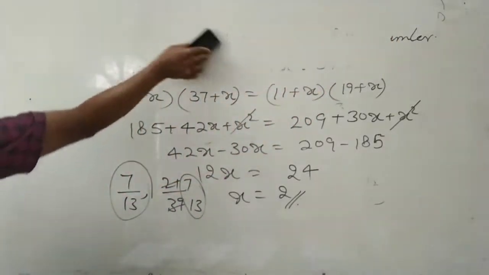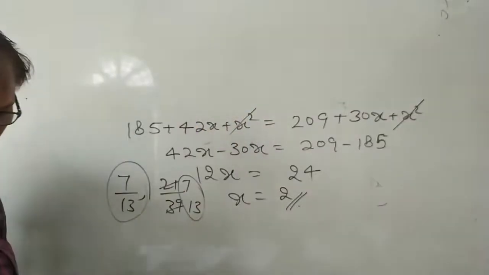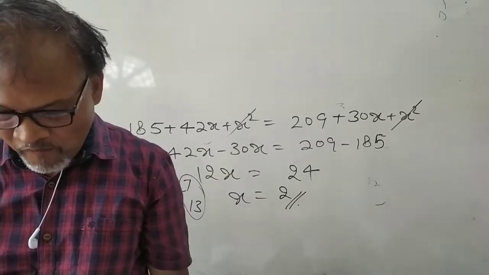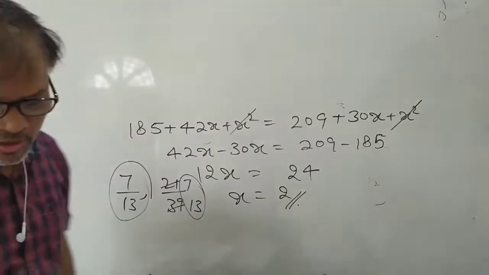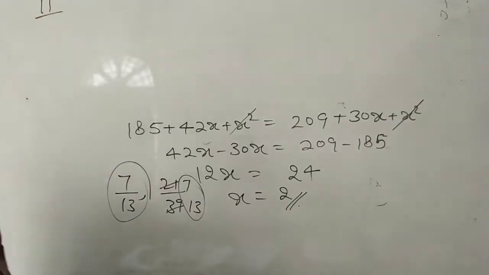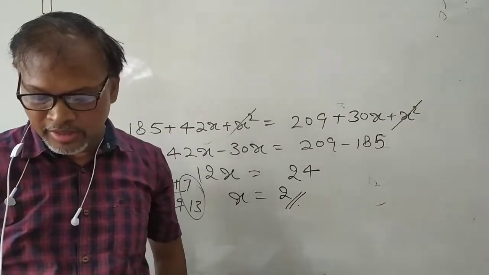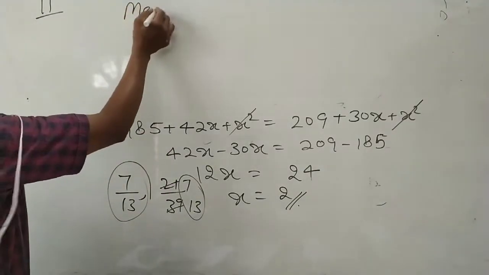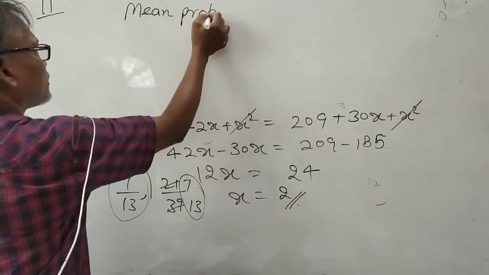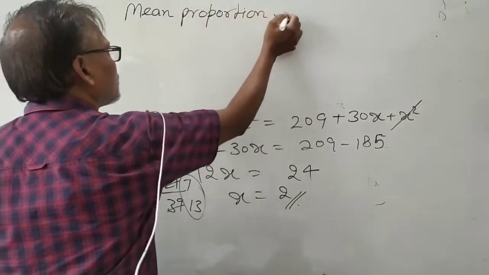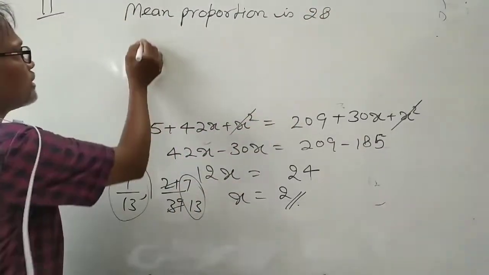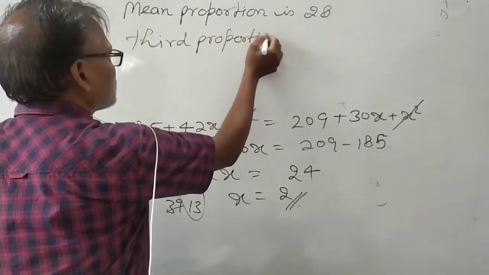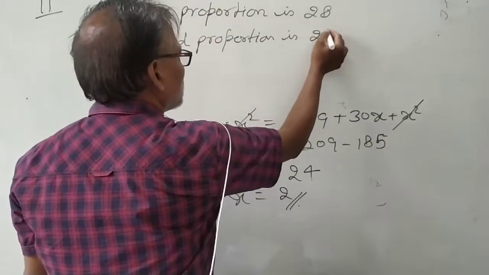Then next one, question number 11. Find the two numbers such that the mean proportion between them is 28 and the third proportion is 224. The mean proportion is given as 28, and the third proportion is also given, 224.